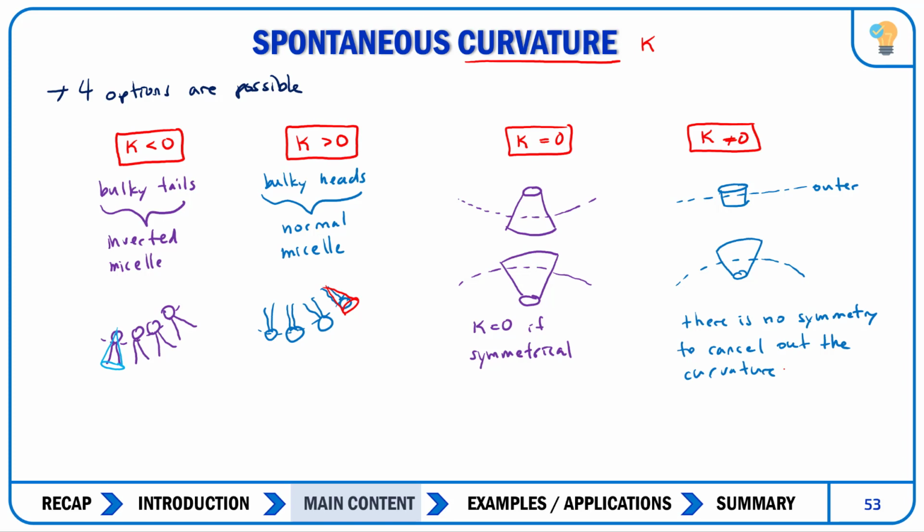So those are the 4 different ways of representing spontaneous curvature. We're going to go into a lot more detail about these curvatures in the next section. Keep in mind for just this course itself, you would just need to know how to graphically explain these values.